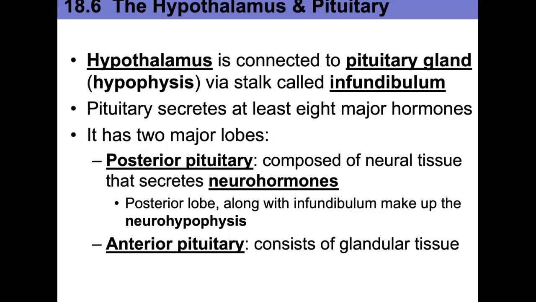Now, this pituitary gland has two lobes, and I think I've got a picture of it coming up for you in just a few moments. So there's a posterior pituitary, which is primarily neural tissue, and then the anterior pituitary is glandular tissue. So this is more endocrine.